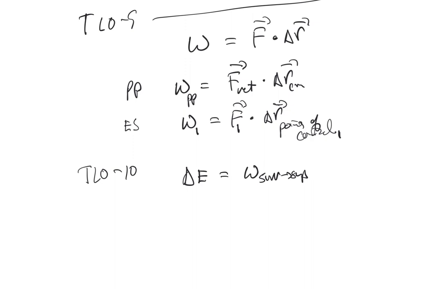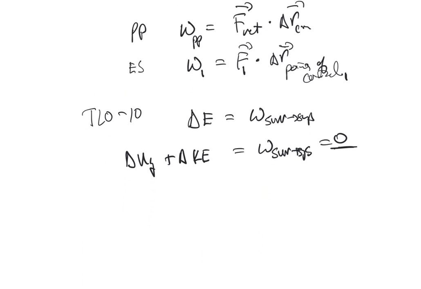So the change in the energy is going to be the change in the gravitational potential energy plus the change in the kinetic energy equal to the work done on the system by the surroundings. And if I include the Earth in the system, this is going to be 0. So TLO-9 is easy in this case. It's just 0. TLO-8 is the change in the gravitational potential energy.